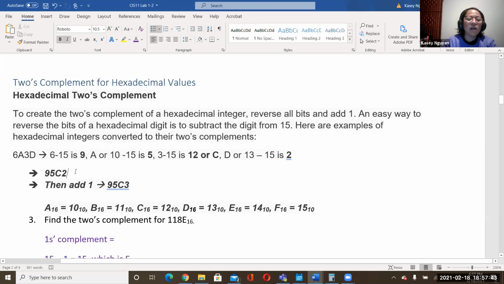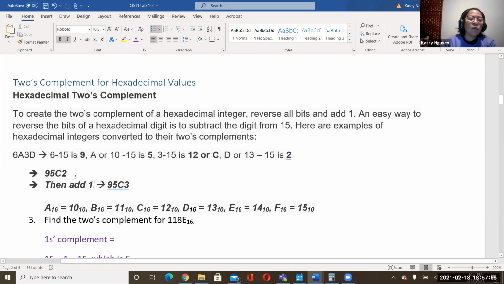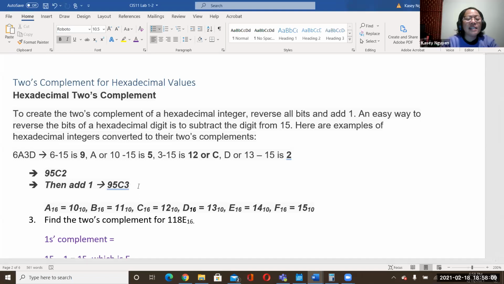So at the complement 1, this is the hex. But you're not done. You have to do a plus 1 to make it the 2's complement. When you add the 1, it's only going to impact this last digit, and in this case it simply is 95C3. Is that a negative number, right? No, it is a 2's complement of this value, which is a different hexadecimal value.